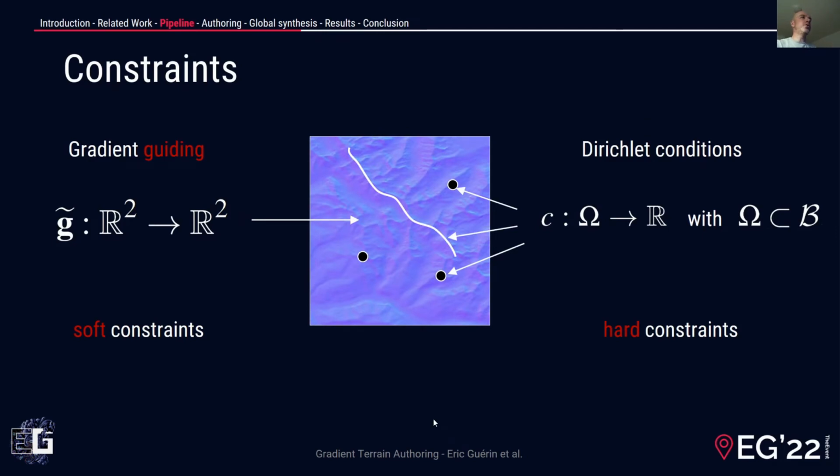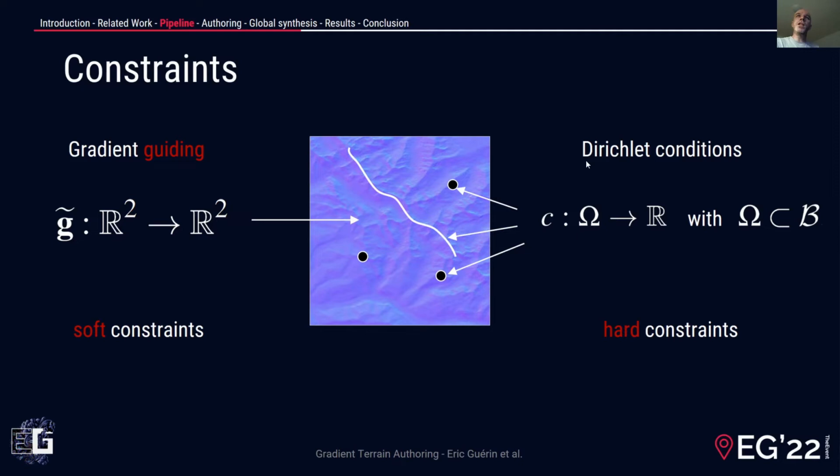Constraints are essential in our framework. There are two different types. Gradient constraints are set by prescribing the gradient field. Those constraints are not always satisfied by the reconstruction process and direct the generation of the elevation. We call them soft constraints.